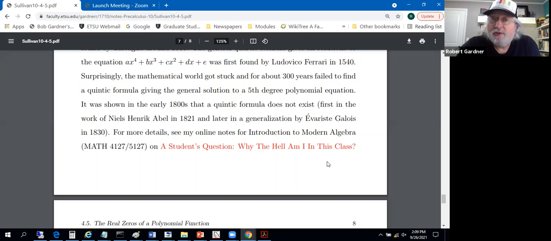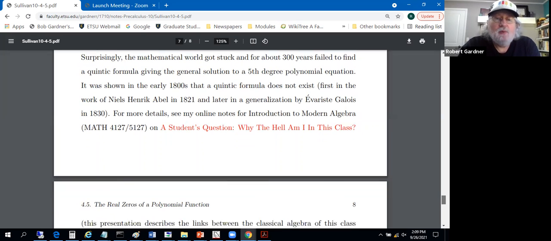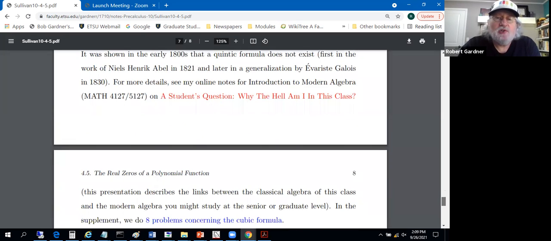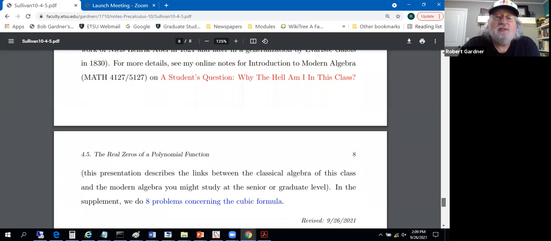It's things you were introduced to in high school, yet quite involved stuff if we want to go into it deeply. Really what we need to extract from this largely, in my opinion, is that there exist formulas for third degree polynomial equations and fourth degree polynomial equations. There do not exist algebraic formulas for higher degree. And the third and fourth degree are so unwieldy, we won't even state them in this class.